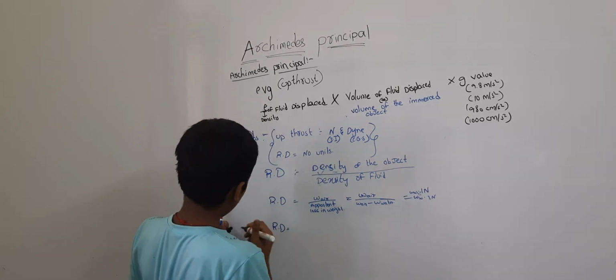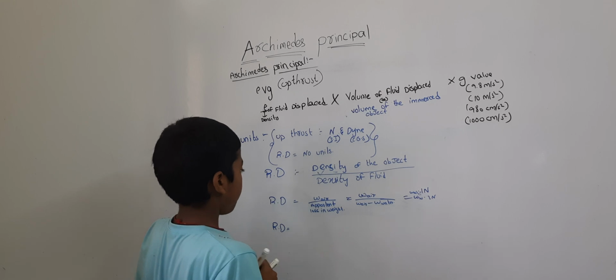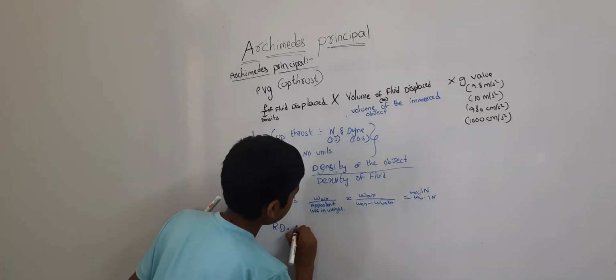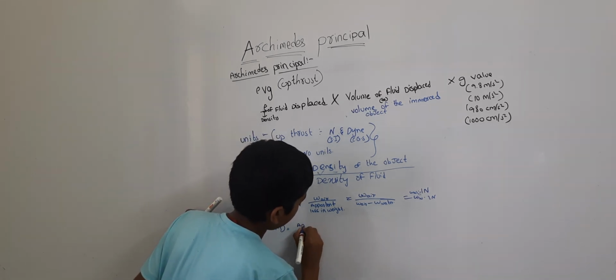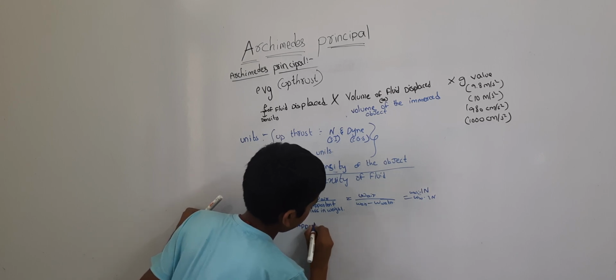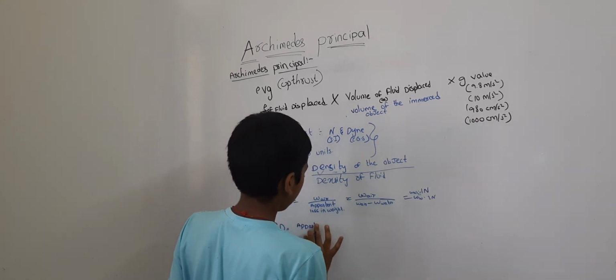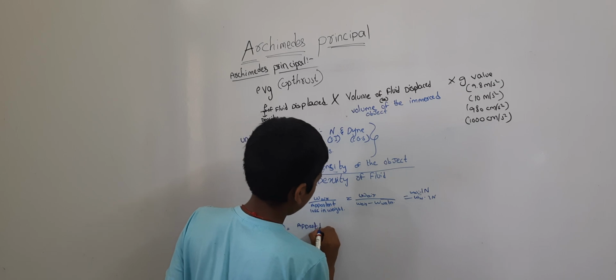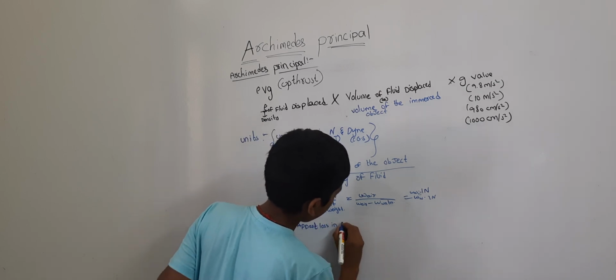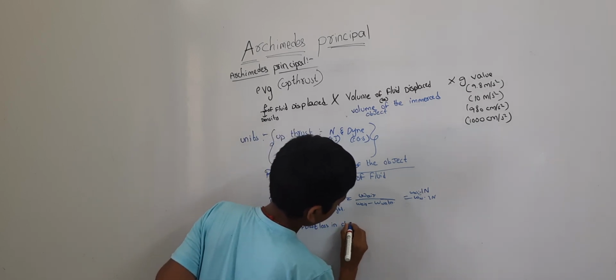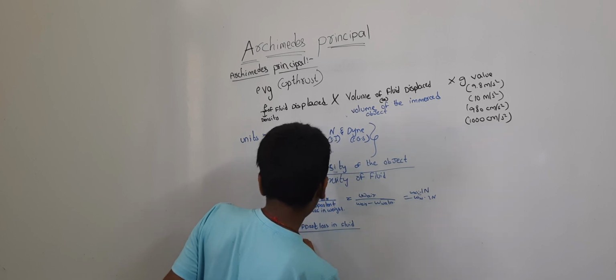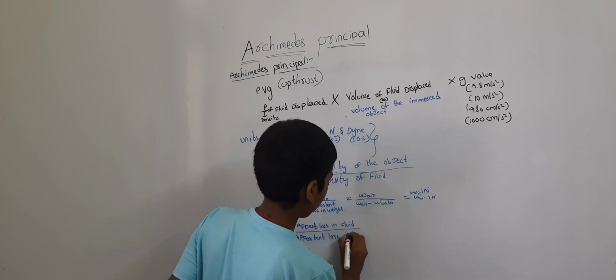And the third formula is apparent loss in fluid by apparent loss in water.